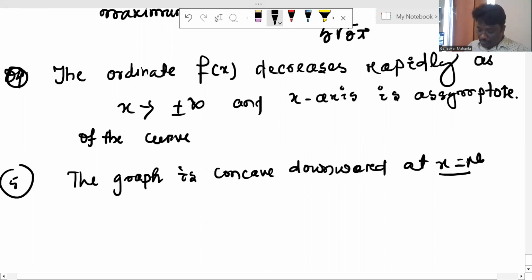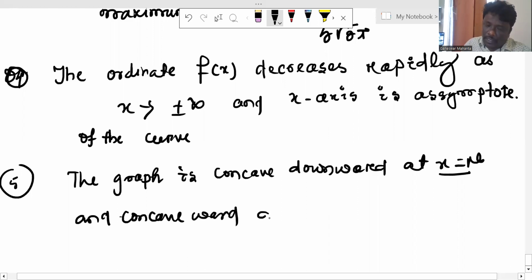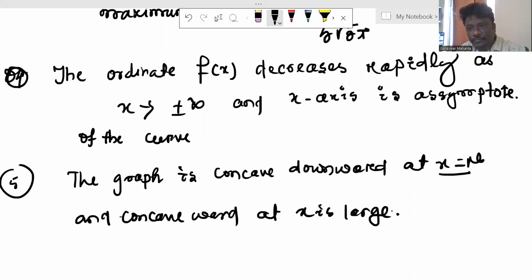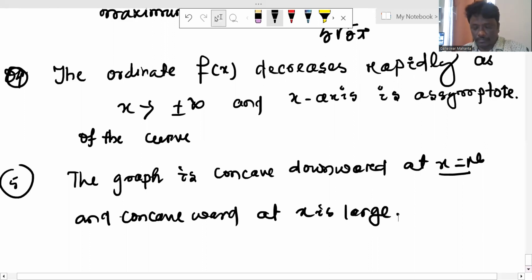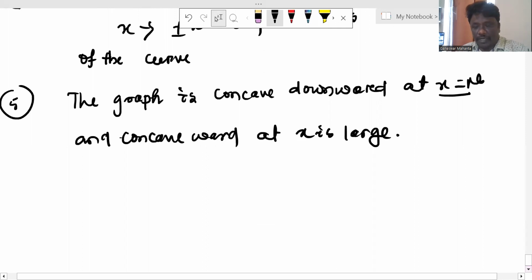And concave upward when x is large. If x is large, then it is concave upward. The graph is concave downward at x equal to the mean, and concave upward when x is large, very wide.